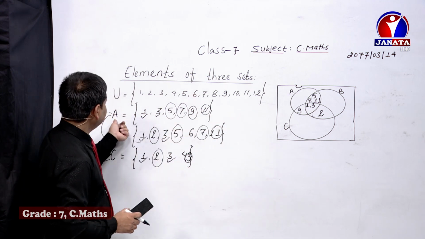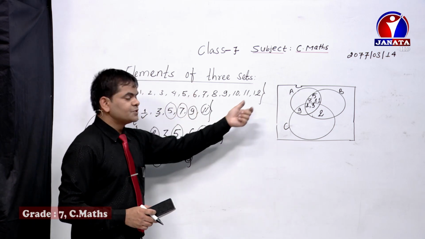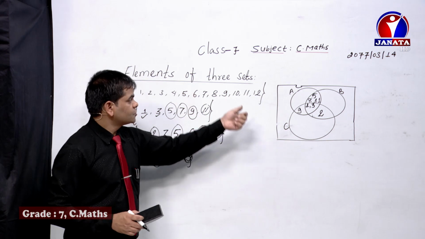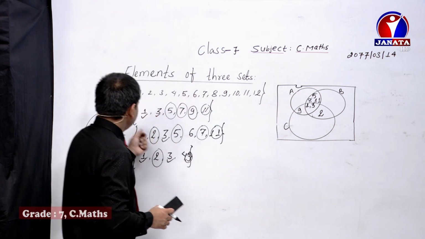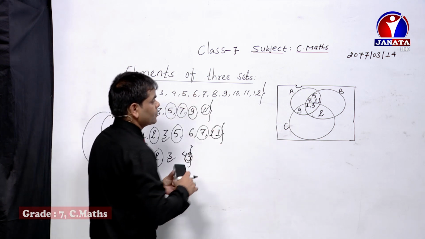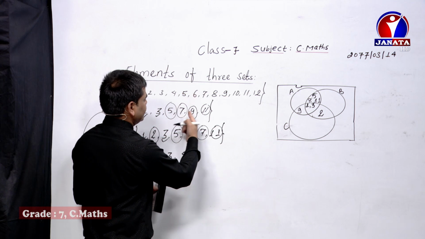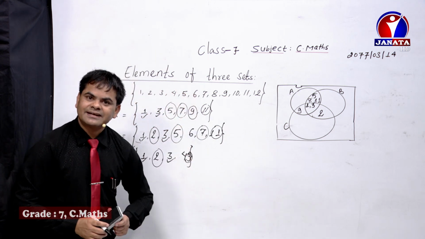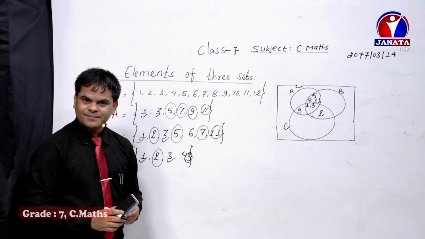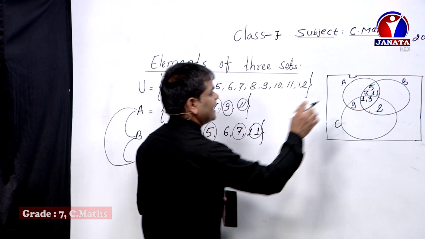If there is any element in set A remaining, except those which you have already kept, it should be plotted in the place of A only. If you see, 1 is inside the circle A, similarly 3, 5, 7, 9 and 11. Are there any extra elements remaining to keep in here? No. If any remain, we need to keep those elements in here.